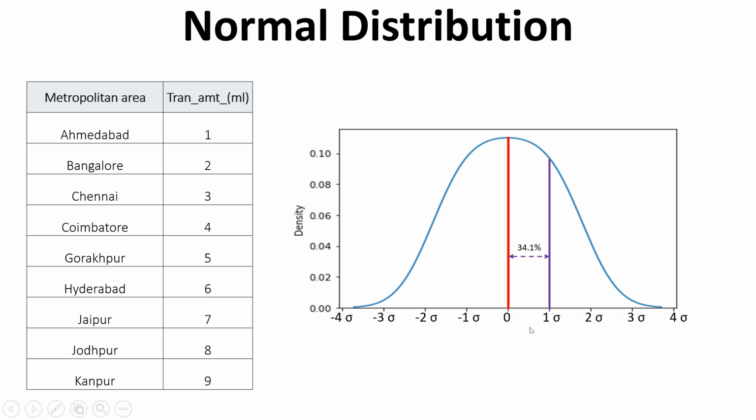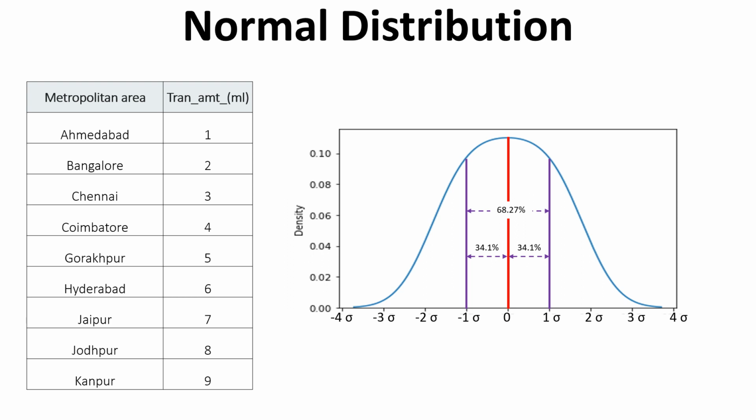Whatever range comes in that, 34.1% of your data will fall into it. The same thing holds below the mean: 34.1% of your data falls below the mean. This is above the mean and this is below the mean. So in total, 68.27% of the data points fall in this range.